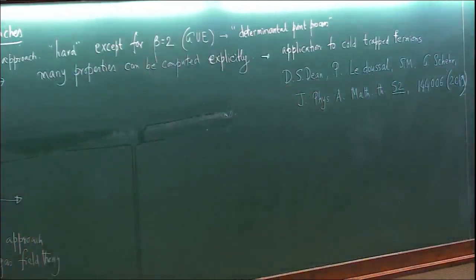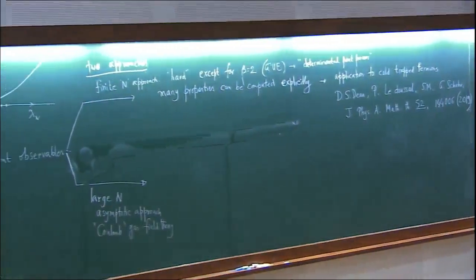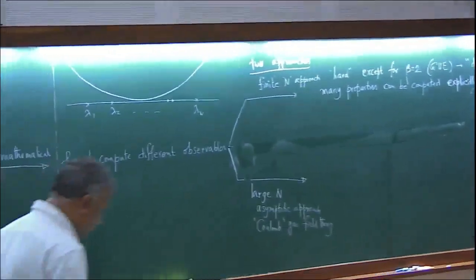So what I'll do in the rest of the lecture, I'll just focus on this field theory large n approach, because it's more physical, and at least I hope that we'll be able to compute directly the density of states and show that it has this Wigner semicircular form. Okay, so that's the program of today.